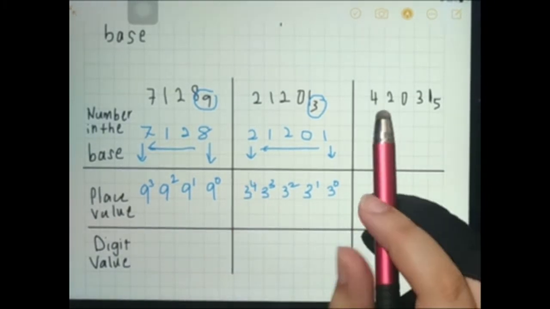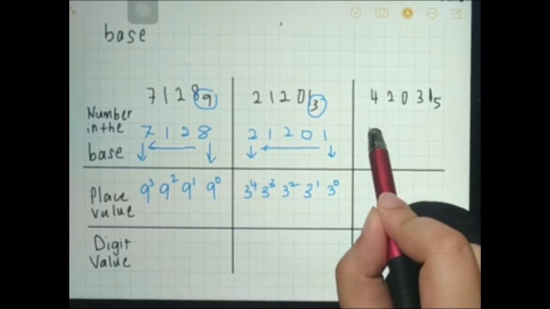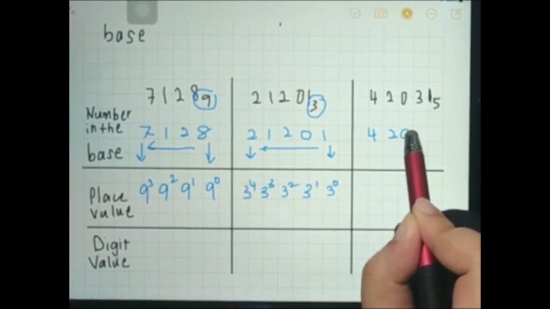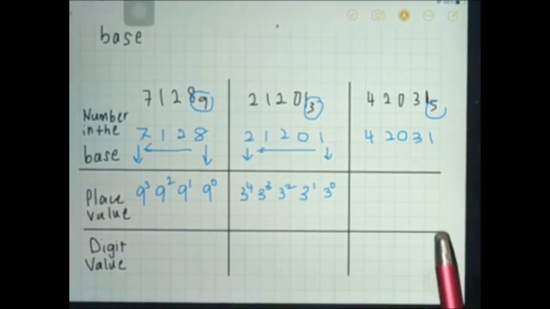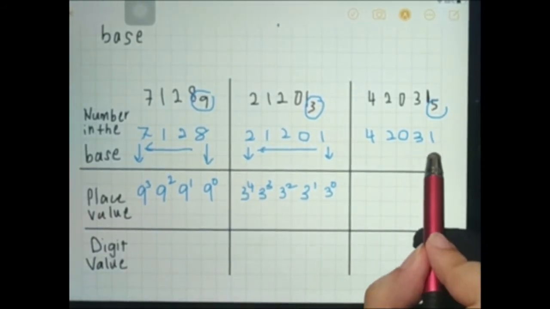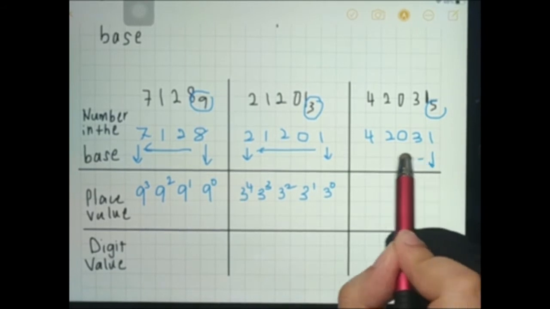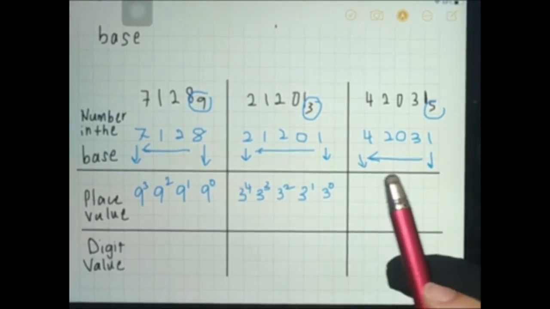Let's do it again. So 4, 2, 0, 3, 1, base 5. For its place values, we start from the right and work our way to the left.